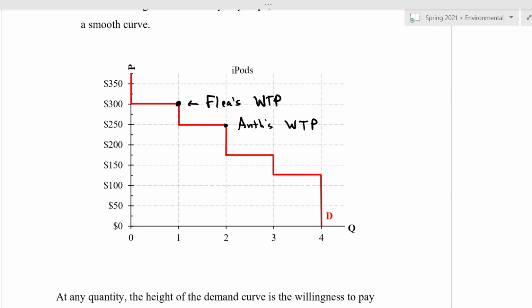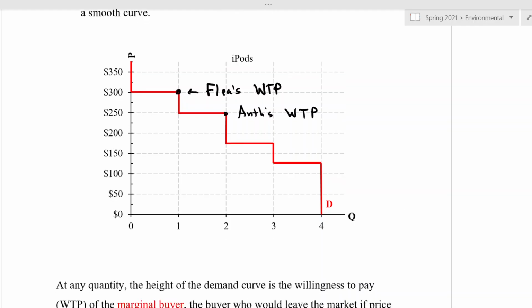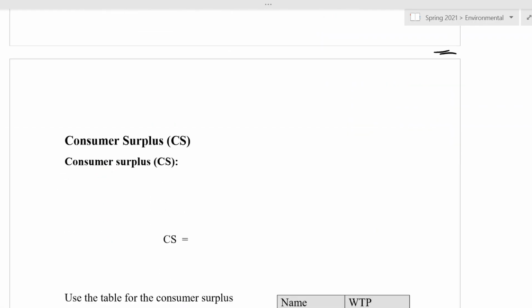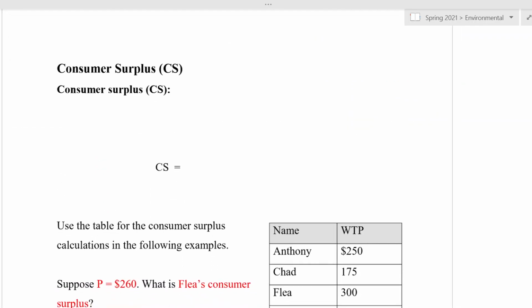Okay, we're going to carry on with this idea and use that to talk about consumer surplus.